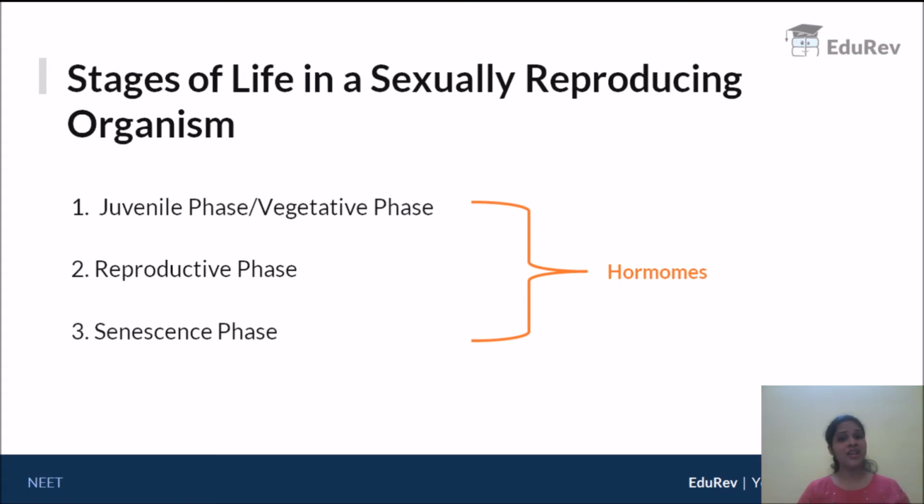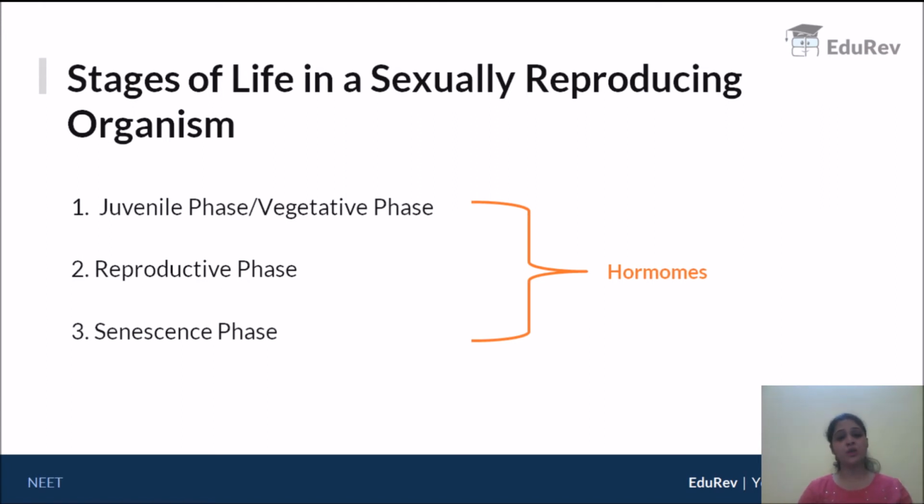So childhood, juvenile phase, there is no testosterone. But the moment he starts producing testosterone, that means the testes start becoming functional, you will say that he has entered a reproductive phase. So the testosterone hormone defines a transition between juvenile and reproductive phase. So the transition between all 3 stages depends upon hormones.